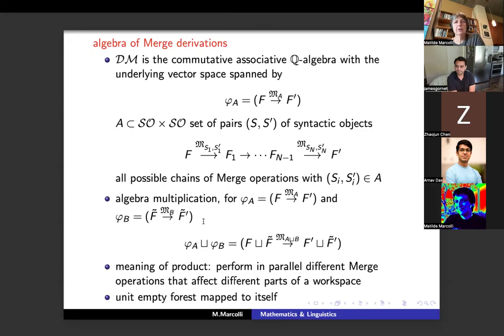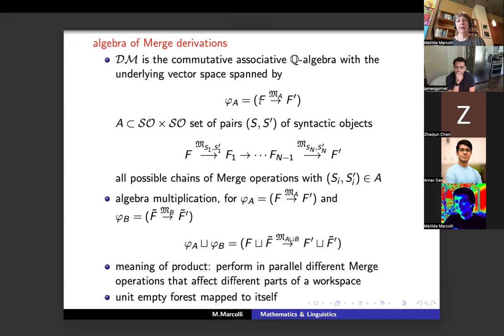Okay, so how can we use these constraints? Let's build a kind of algebra on the merge derivations. You can make a commutative associative algebra where the underlying vector space is spanned by all the sets of possible merge derivations.